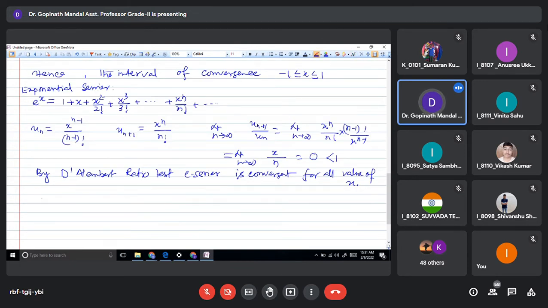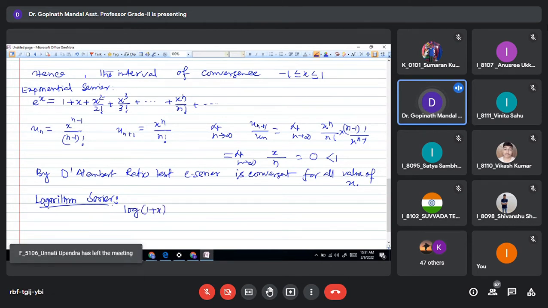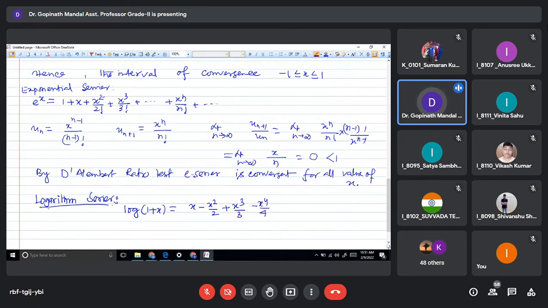Next, we test the logarithm series. So log of 1 plus x is equal to x minus x square by 2 plus x cube by 3 minus x to the power 4 by 4, and so on, with general term minus 1 to the power n minus 1 x to the power n by n.